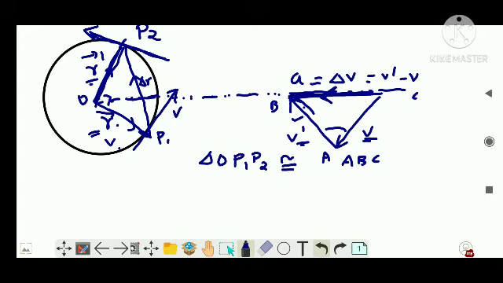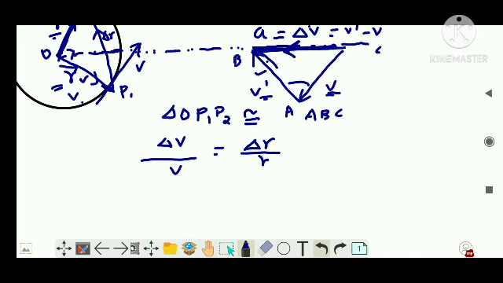They are similar because they are made up of the same type of components: R dash is parallel to V, and similarly R vector is parallel to V dash vector. So I can take the ratio here: delta V by V will be equal to delta R by R. Clear?